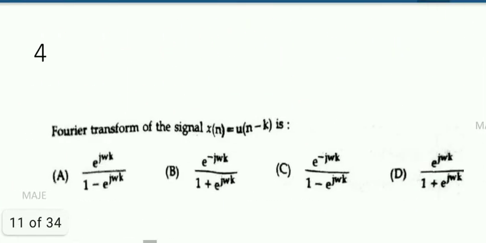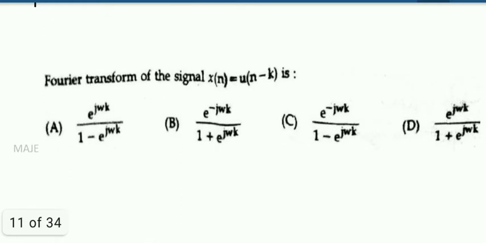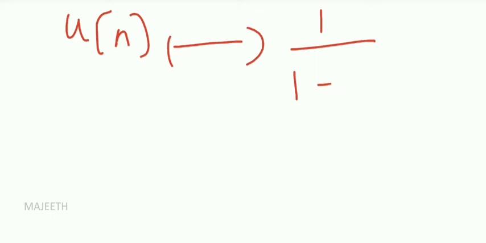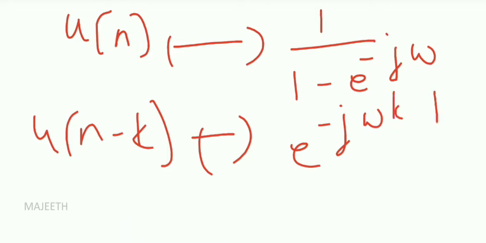Next one. Fourier transform of the signal x of n is equal to u of n minus k. For u of n, the Fourier transform is 1 by 1 minus e power minus j omega. For u of n minus k, it is time shifting, which means it will be multiplied by e power minus j omega k.